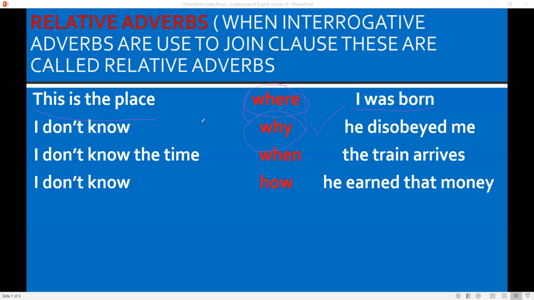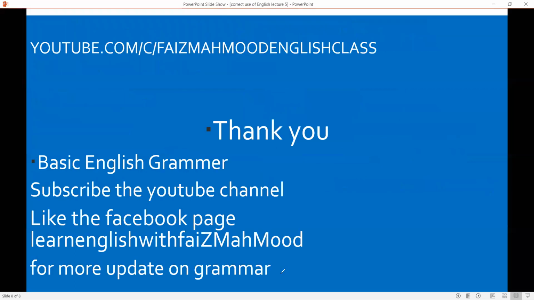To join clauses, relative. I do not know the time when the train arrives, relative. I do not know how he earned that much money. So you may now know clearly the difference between all of these words, pronouns and adverbs.